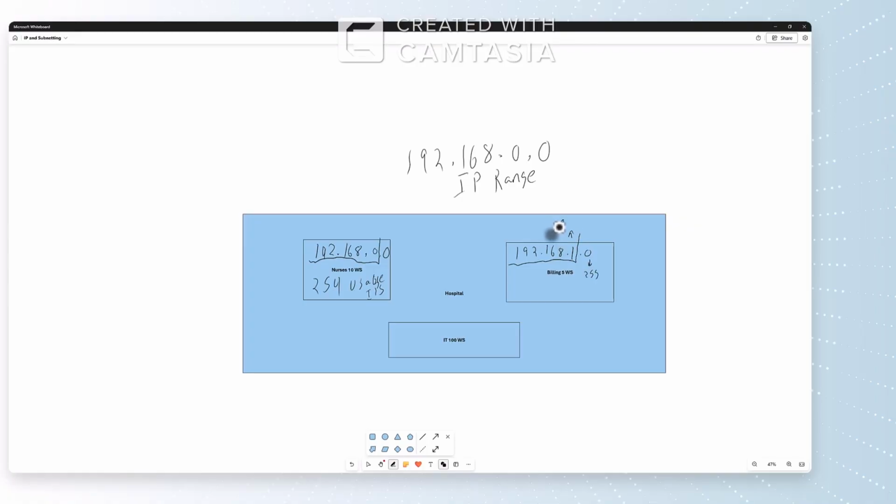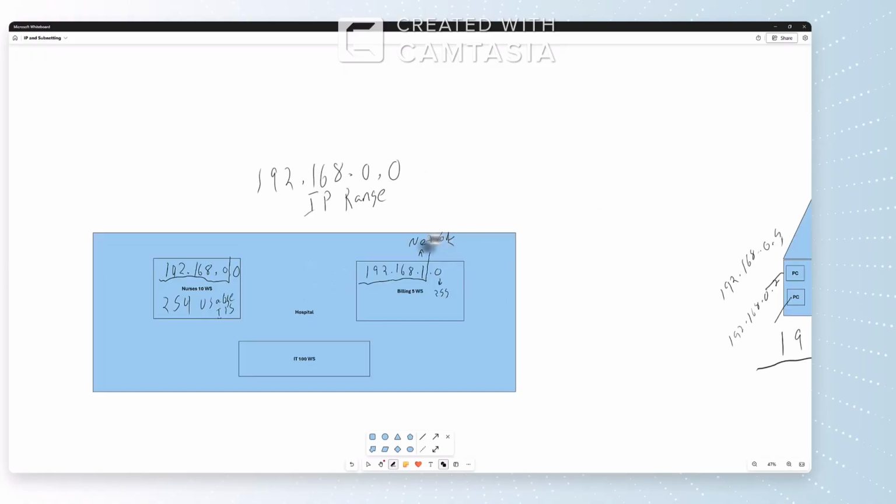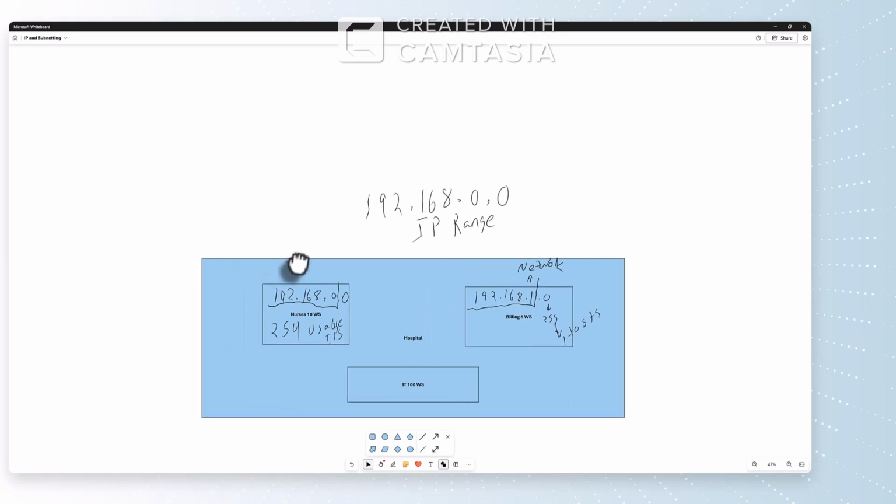Remember, these are our network. And these guys are our hosts. And that can be applied to the same thing over here. We have our network.